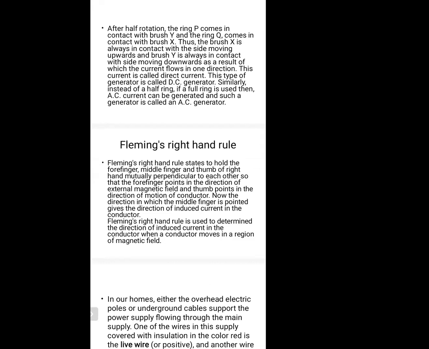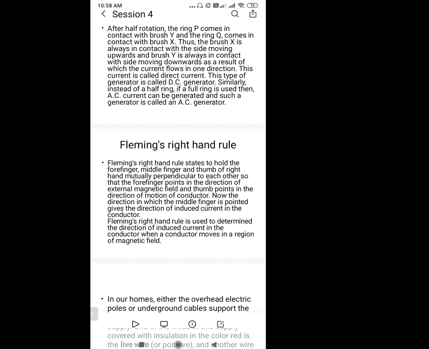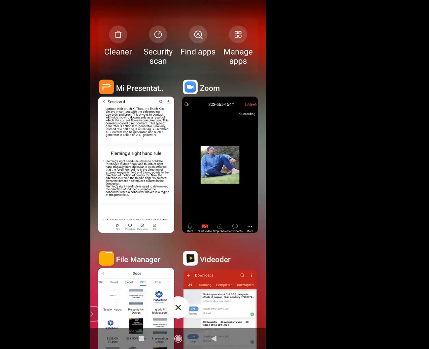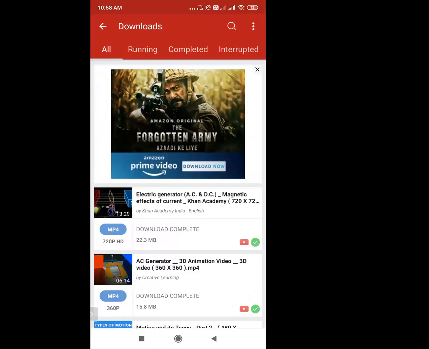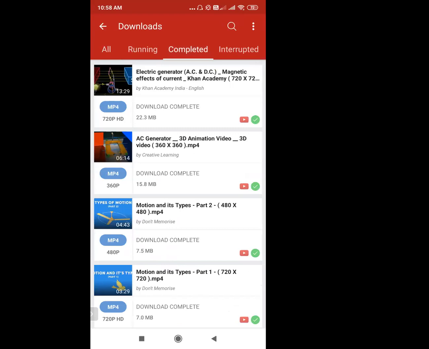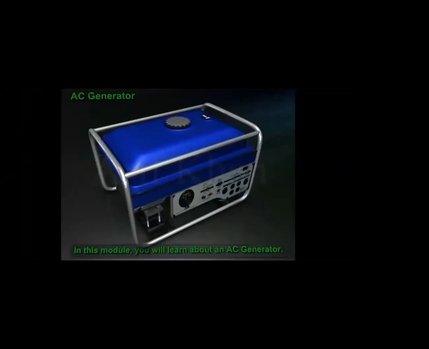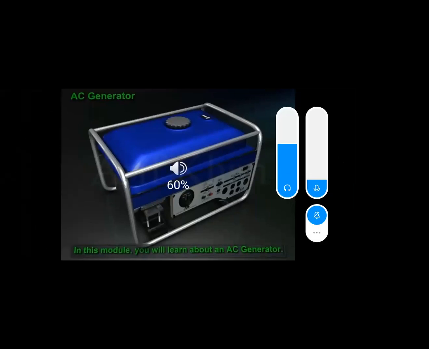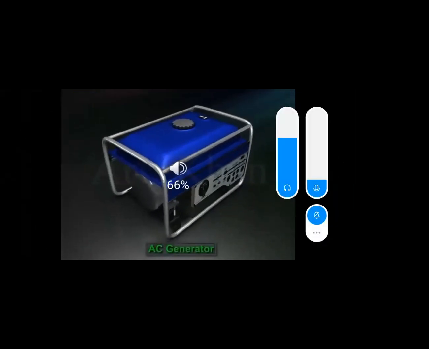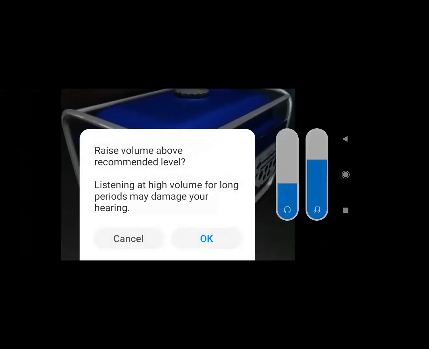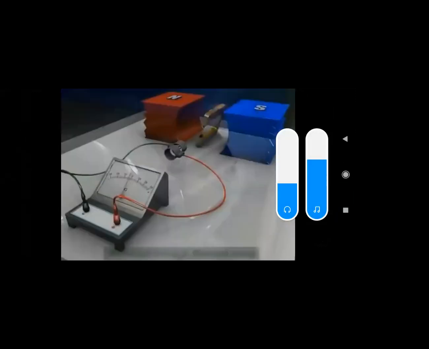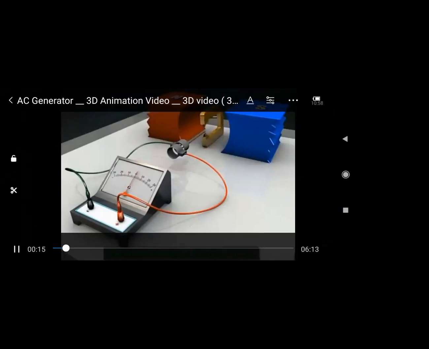Now I'll also play it. I don't know about connectivity. If it plays well, fine. Otherwise, you can play it later also. Children, shall I play now? Yes, ma'am. Ma'am, it is not audible.